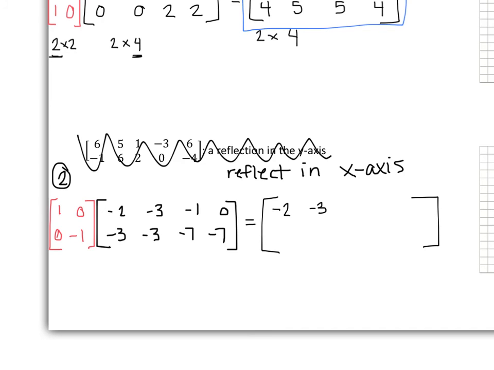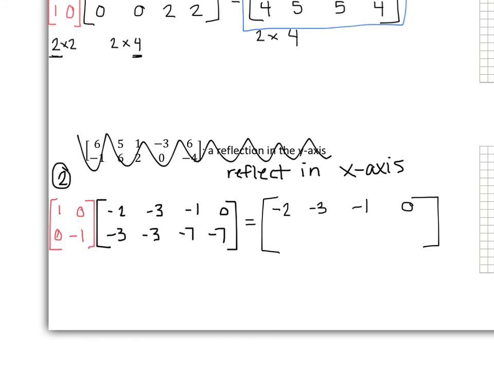On a roll, keep going. -1. On all those, you multiplied 1 by the top number and added it to 0 times the bottom number. The 0 times all those bottom numbers just canceled out, so all we had was the top left, basically.